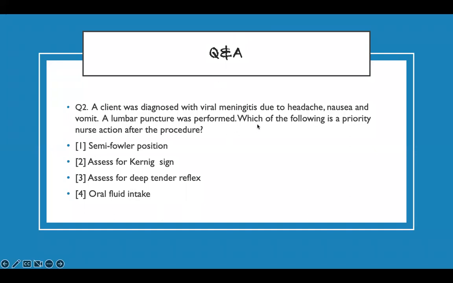We read the last statement. Which of the following is a priority nurse action? Okay, so that's our ask. Then what is our case? A client was diagnosed with viral meningitis due to headache, nausea, and vomiting. A lumbar puncture was performed. Which of the following is a priority function?